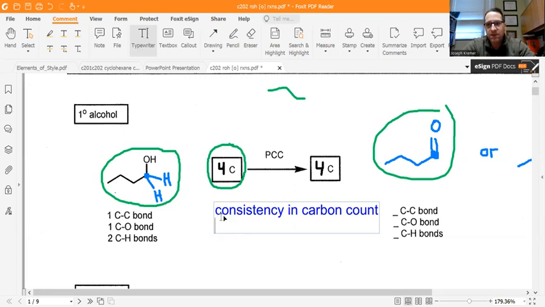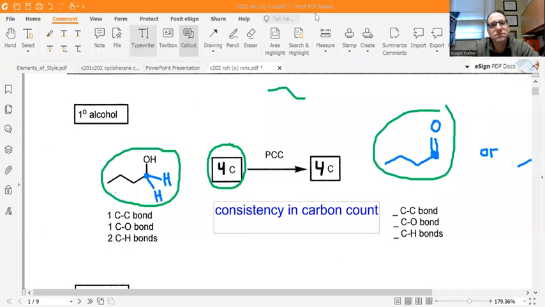Speaking from my perspective, I can take a look at a student's problem and tell you if it's done correctly or incorrectly just by counting the number of carbons on the completed work. If I'm doing it right off the bat, you should be catching that, so you can prevent me from deducting any points. Consistency in carbon count.